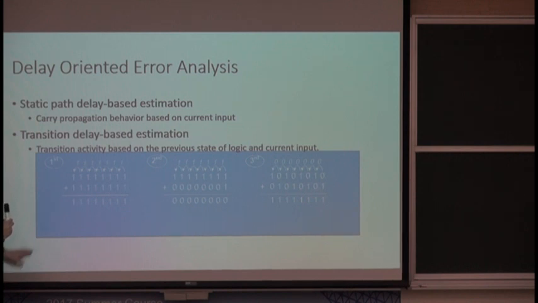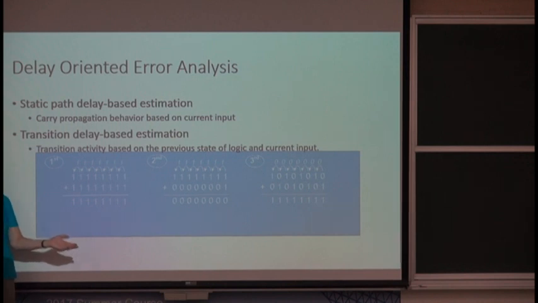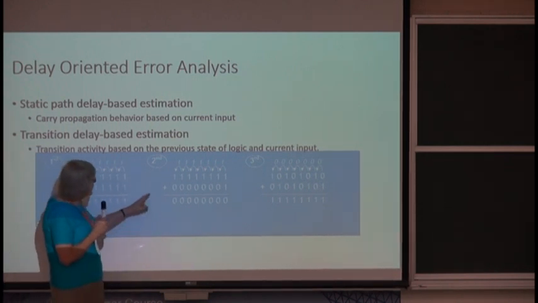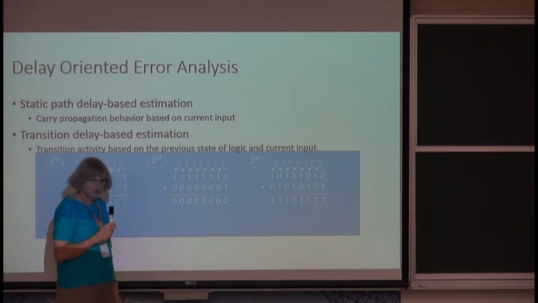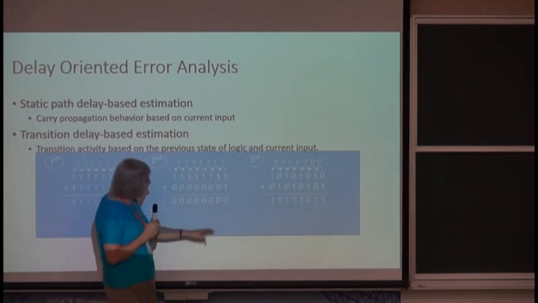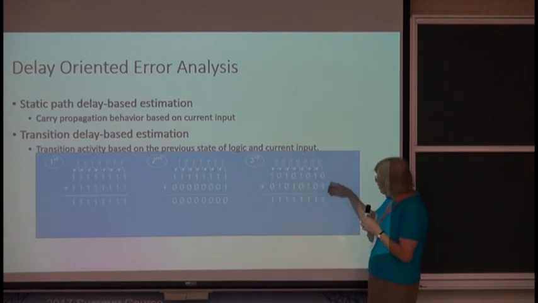So here we're adding two vectors of all ones. We have a carry out of every bit. We expect that to be the reverse case. In this case, we're adding all ones plus 1, and you get a carry out of all these bits. In this case, we're adding 1, 0, 1, 0, 1 to 0, 1, 0, 1, 0.